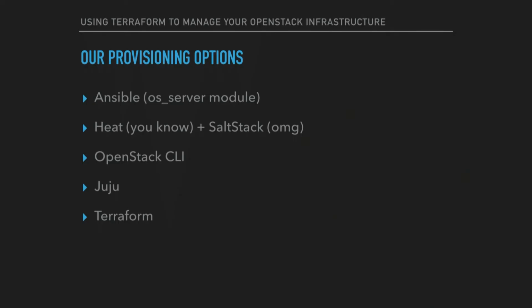For deploying software, we were already using Ansible. We had some roles that we were improving, and there is an OS_server module in Ansible. It's a module for managing your OpenStack components using Ansible.